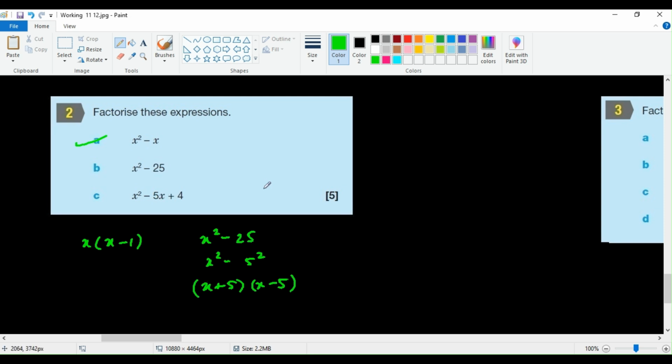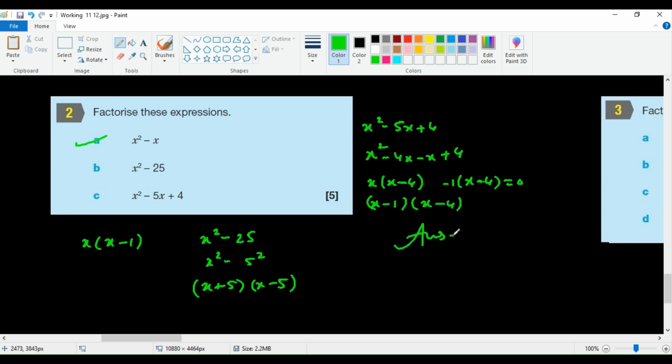When it comes to x square minus 5x plus 4, that means you have to write x plus 4 like this, and 4 times 1 is a 4, and minus 4x and minus x giving us minus 5x. So x and x minus 4 in the first bracket equals 0, and minus 1 will come here. So x minus 1 in one bracket, and the other bracket is going to be x minus 4. This is the final answer for this question.